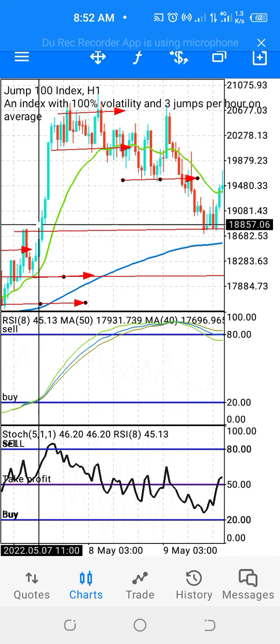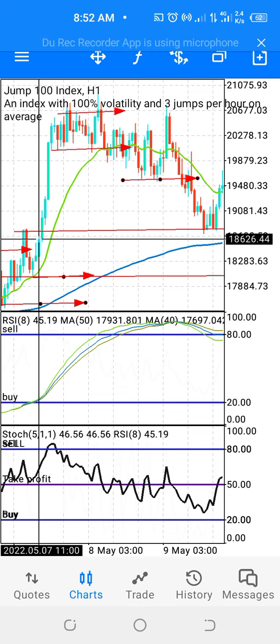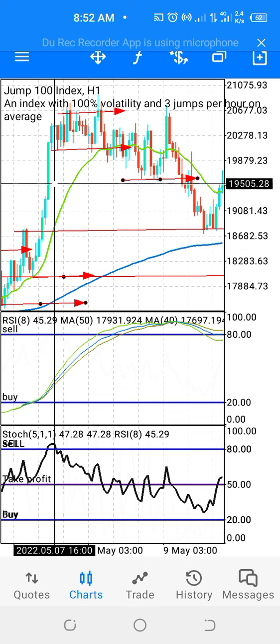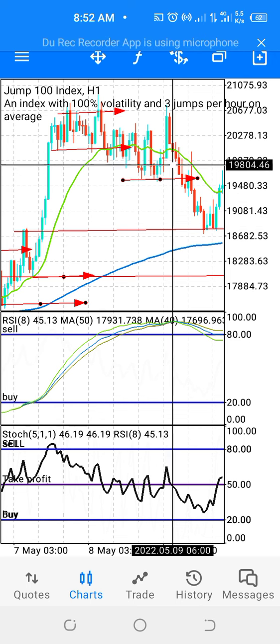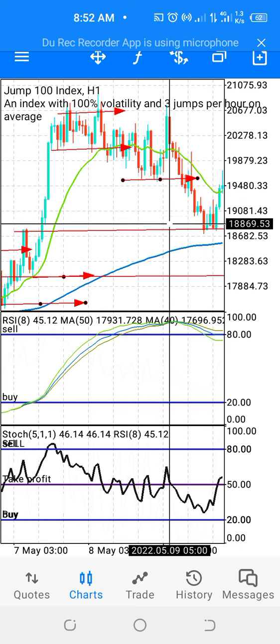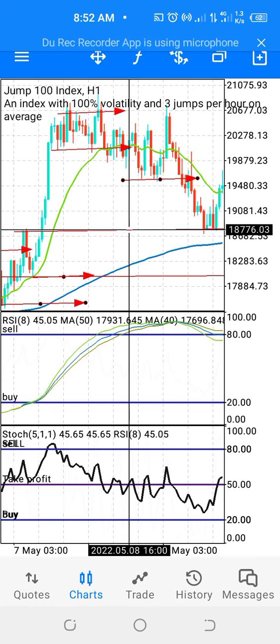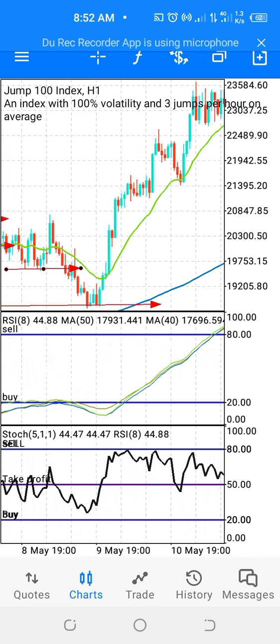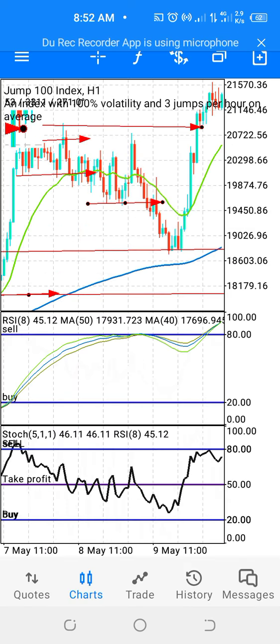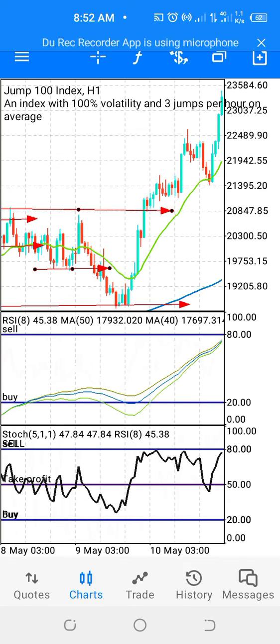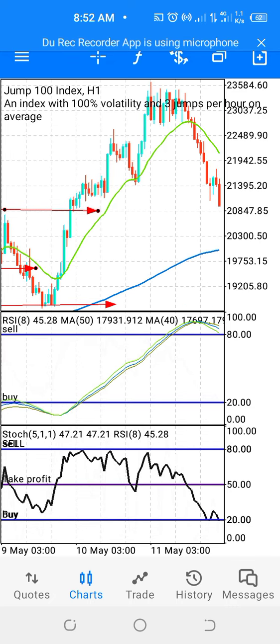And again you can see that the institutions, the banks, the big people with big money, billions and millions of dollars, they were buying here. And then when we came here, they mitigated this place, and then the market started to make more high highs, high lows, high highs and high lows again.